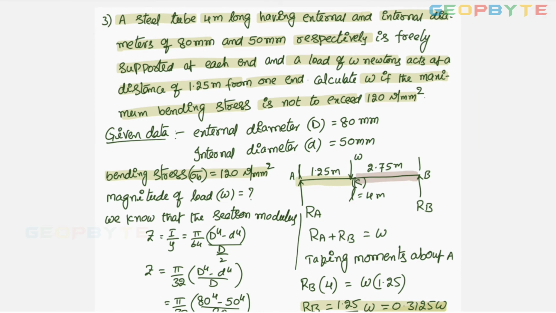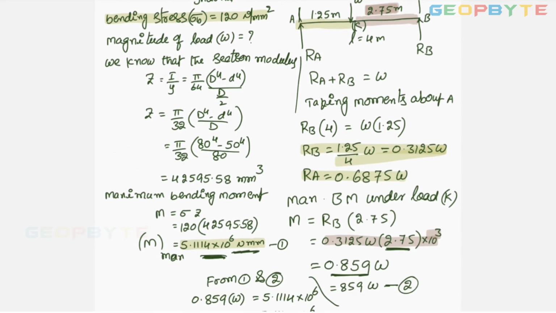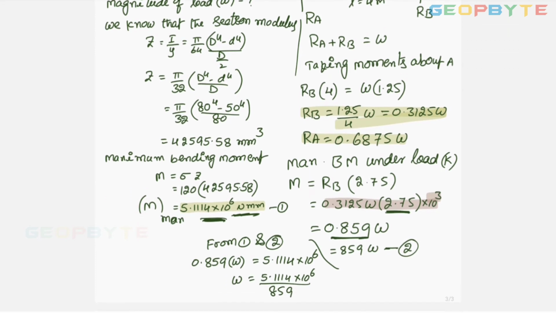Here 2.75 is in meters, but in equation 1 the bending moment is decided in Newton mm. For that, this distance should be taken in mm only. For that reason, I multiply with 1000.